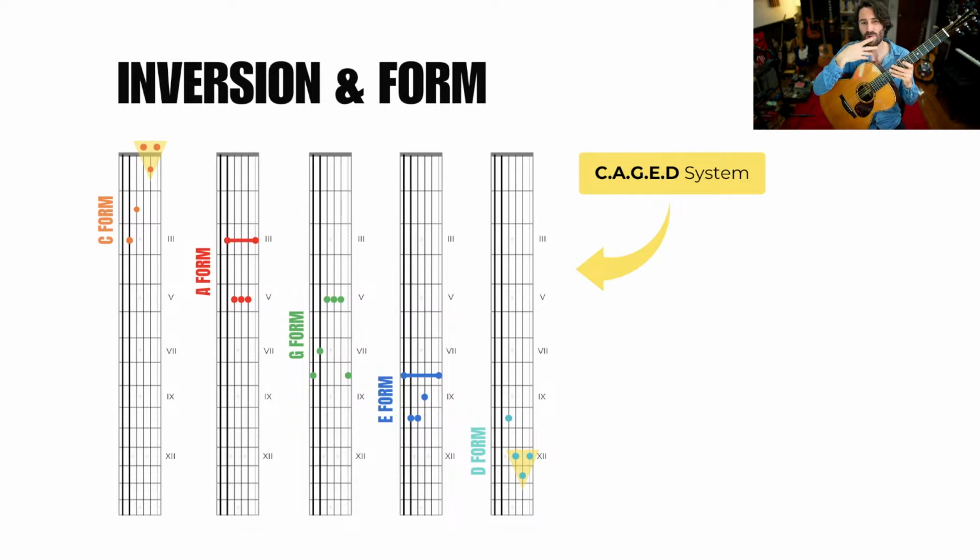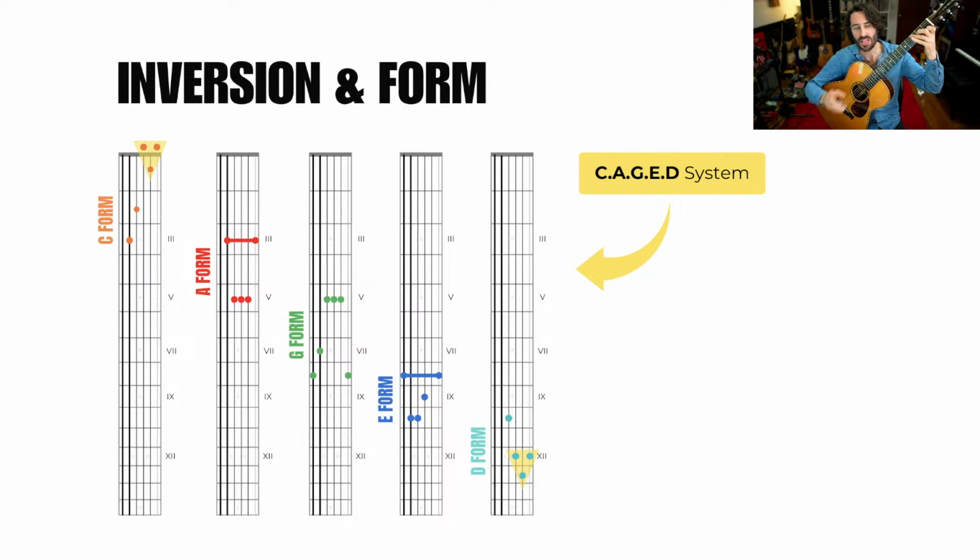Now, if we're talking about form, I think the CAGED system is probably the most comprehensive way to think about breaking down the guitar neck. The CAGED system stands for the C form, the A form, the G form, the E form, and the D form, which, if laid out on the guitar, takes us across all 12 frets before starting again.